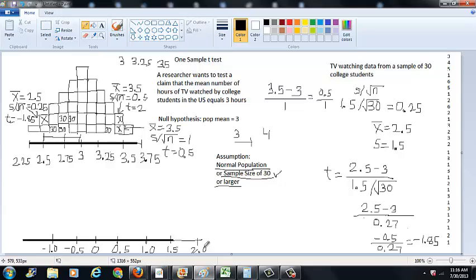Negative 2 and positive 2 are starting to become extreme. These are pretty much the cutoff for an extreme value. So anything above positive 2 and anything below negative 2 would be considered extreme, usually.